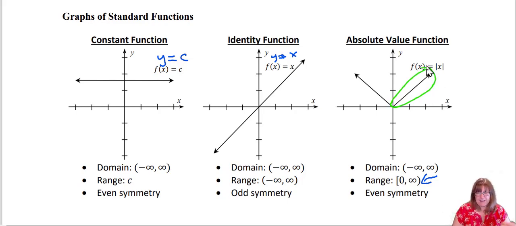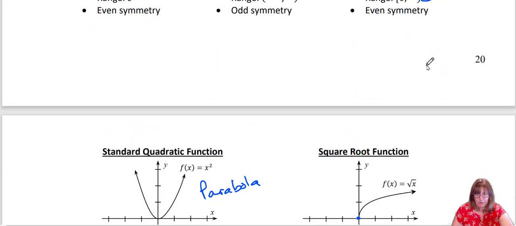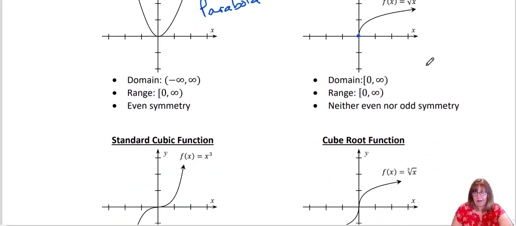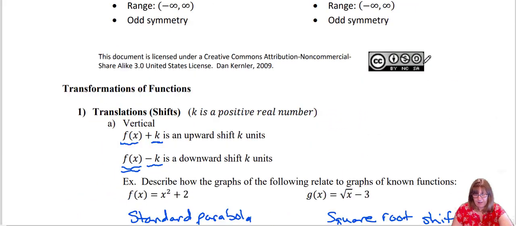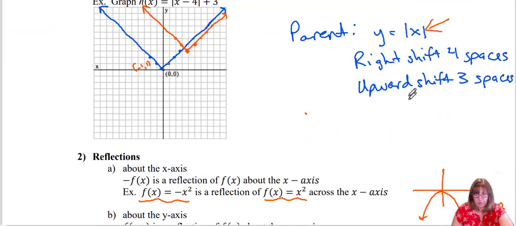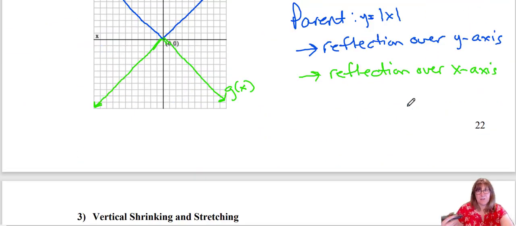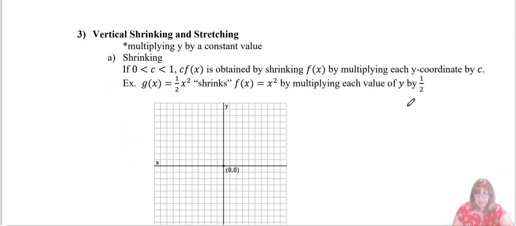So recognizing that an absolute value function is going to give you a V of some format is so valuable, or recognizing a parabola or whatever. So these are super valuable to know what they look like as you move forward and you progress in your mathematical career. Let's go back to vertical shrinking and stretching here so that we can start to recognize what all of these things do.